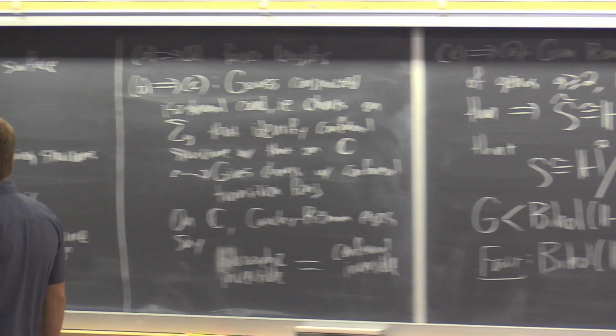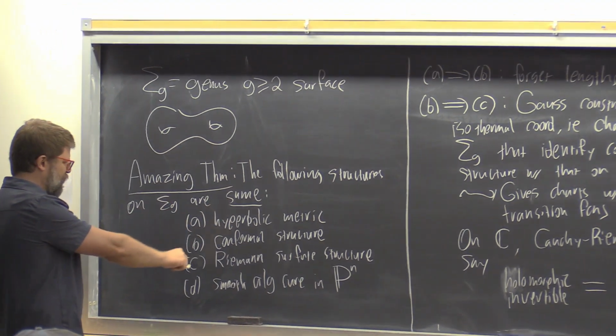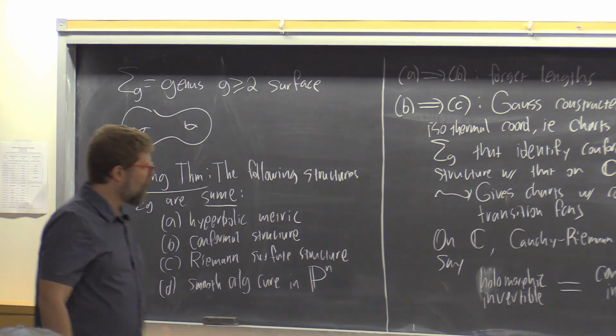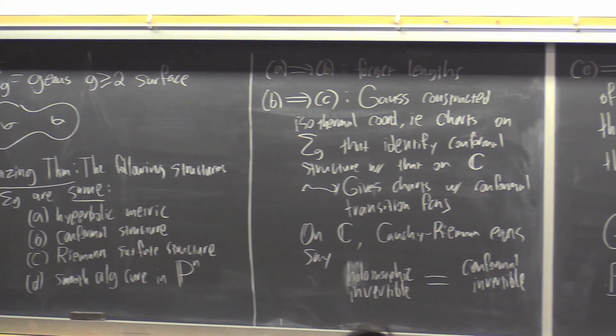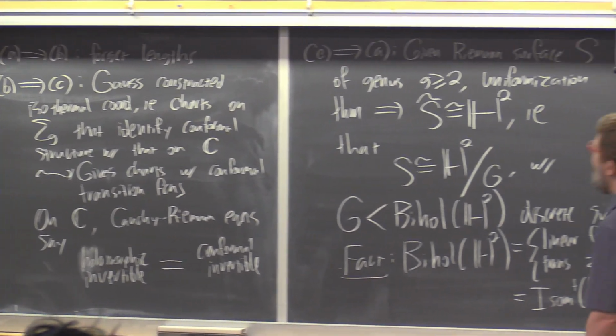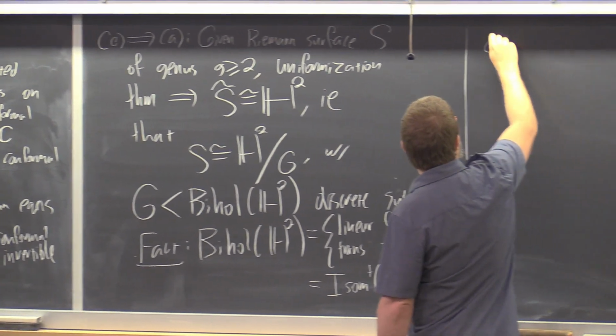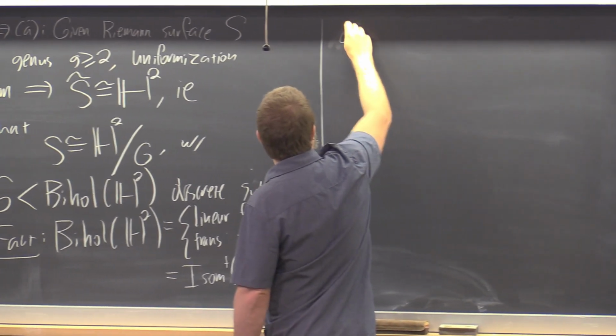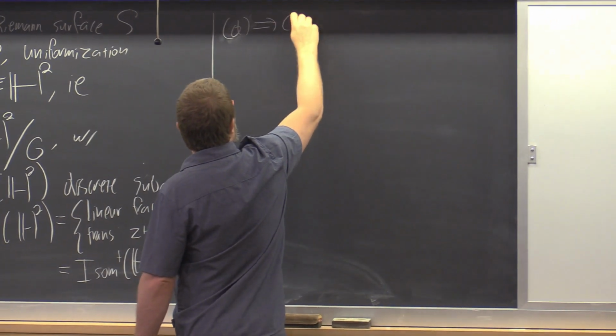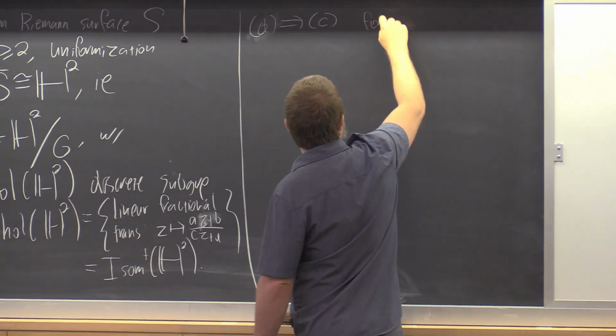Now A, B, and C are the same, or at least sort of. D is more. So I guess you can go from C to D, or D to C. C is the complex structure, right?